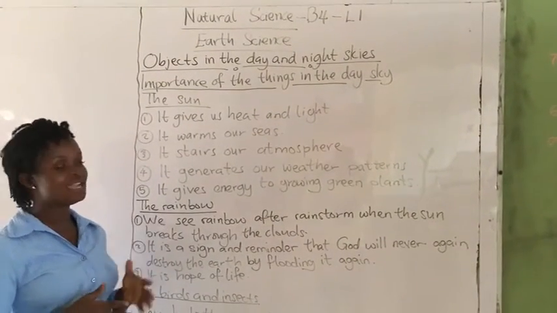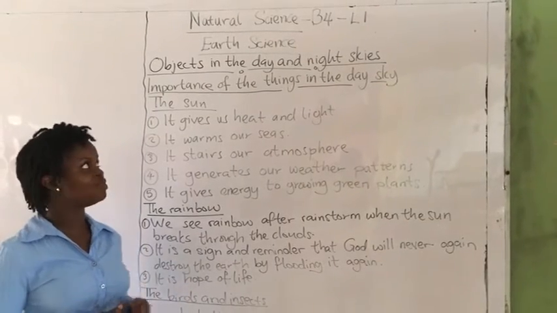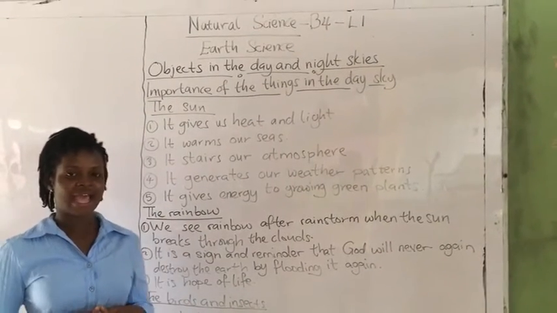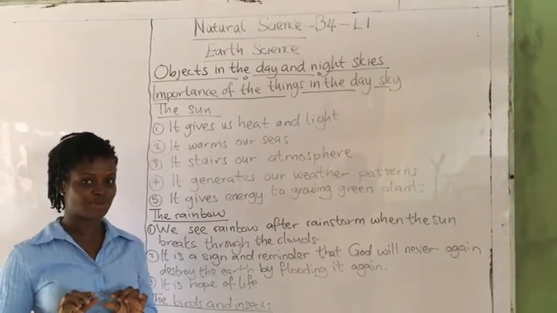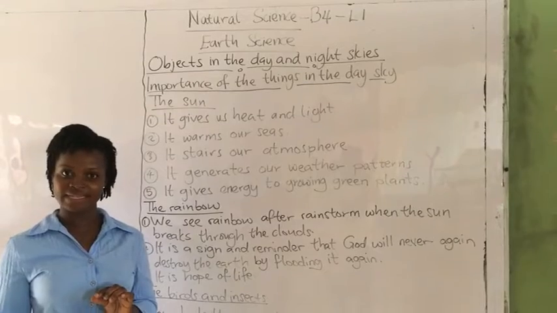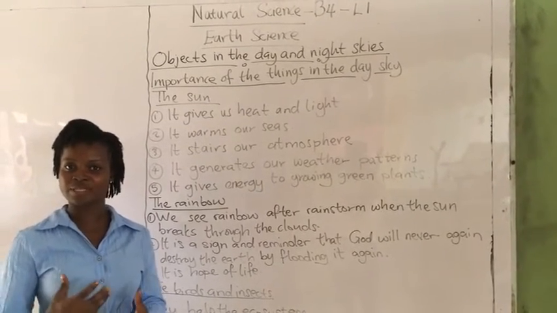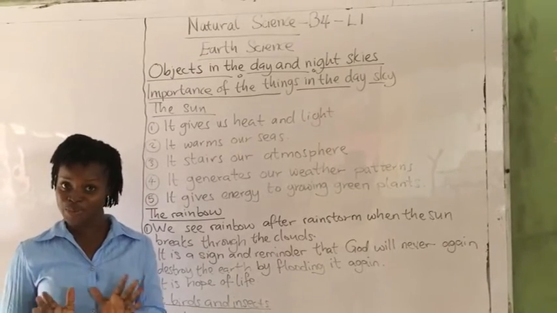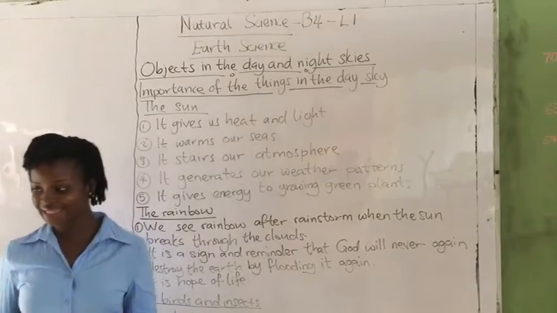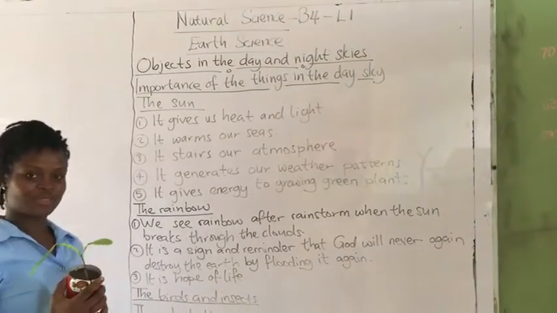Alright, we are on Earth Science, and we've been treating cycles. You remember I did a demonstration for you by sowing a maize. I did that to show the practical aspect of the life cycle of organisms, and lo and behold, our maize has grown to this.